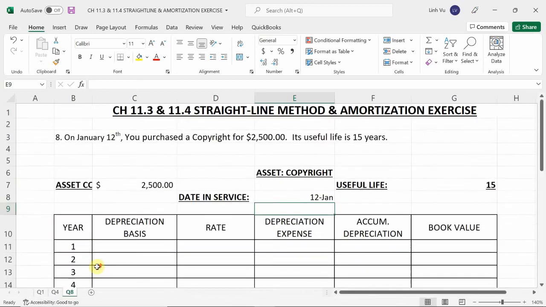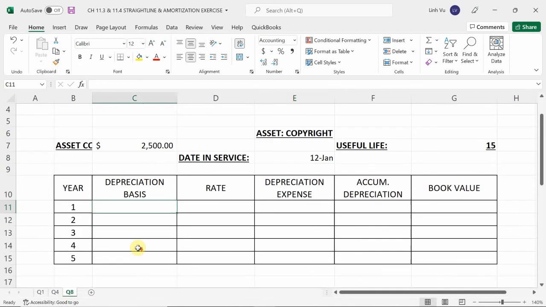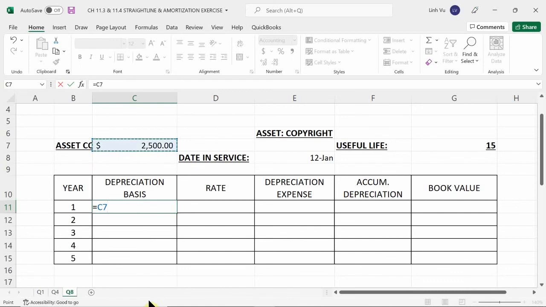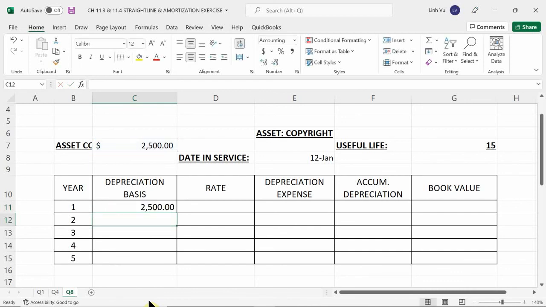Okay? So in this case, depreciation basis. January. And we're starting from January. So what's my depreciation basis? So basis is cost of asset minus salvage. We don't have salvage. It's going to be the same. Good.